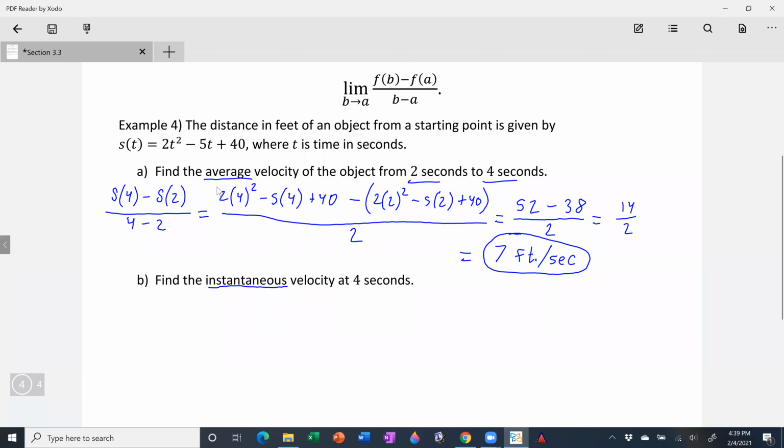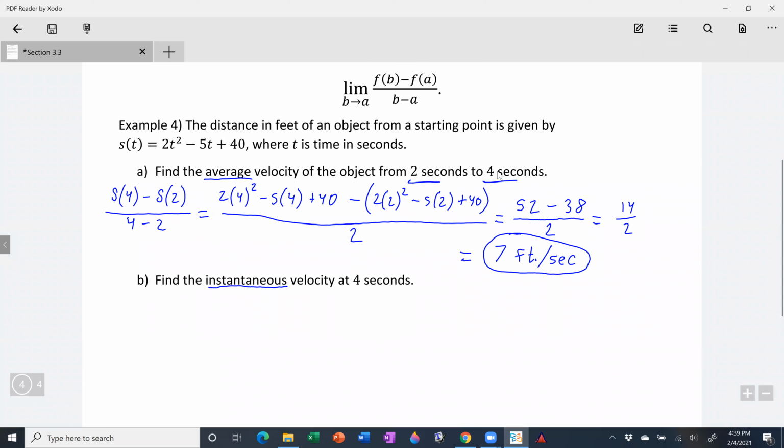And again, I want to keep emphasizing that an average rate of change can be thought of as like slope. So for an average velocity, think about on the graph, and I'm going to say x, but the variable is t. At an x value of 2, you find the point that matches up on the graph, and then you also find the point that matches up on the graph at x is 4.